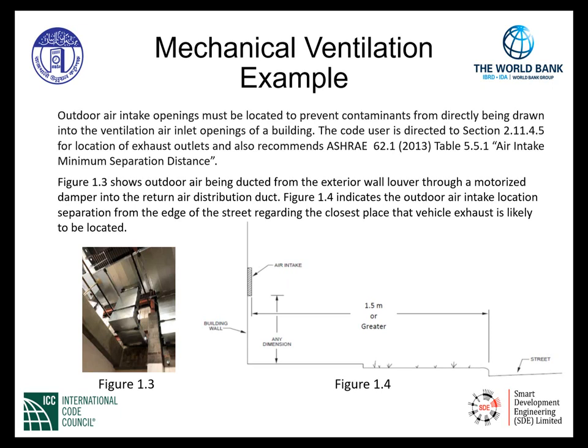We must be concerned with respect to these contaminants and utilize both this code and ASHRAE 62.1 Table 5.5.1 as a resource to properly locate these outdoor air intake openings on our buildings to protect the people and occupants in the spaces within the building.